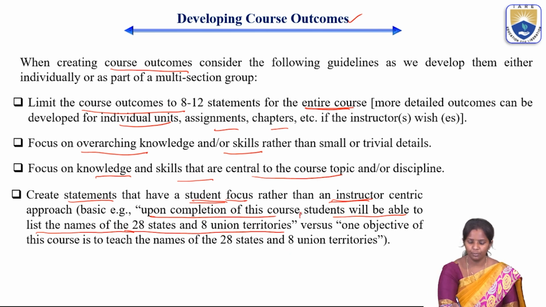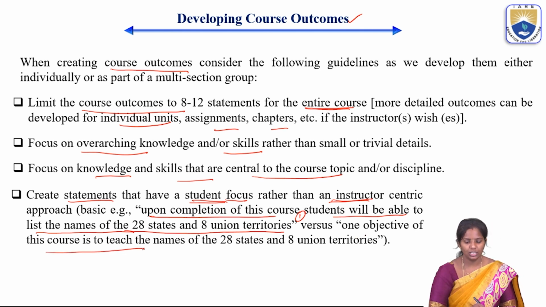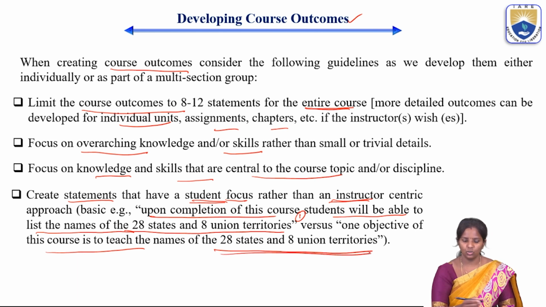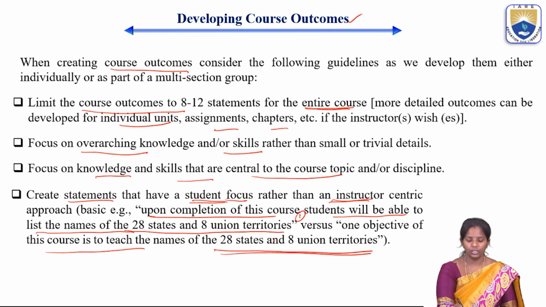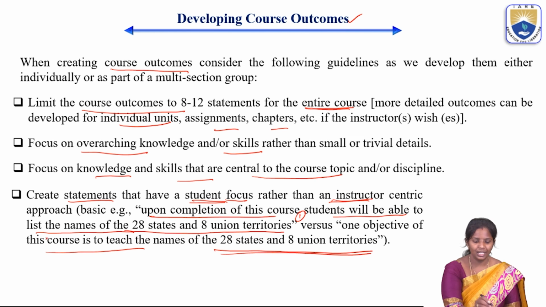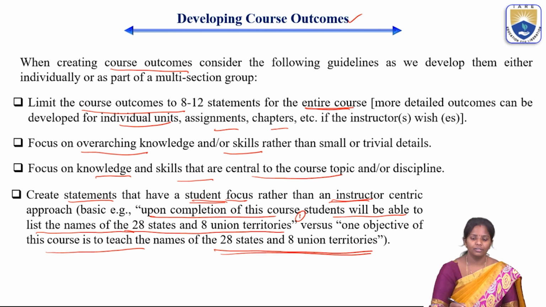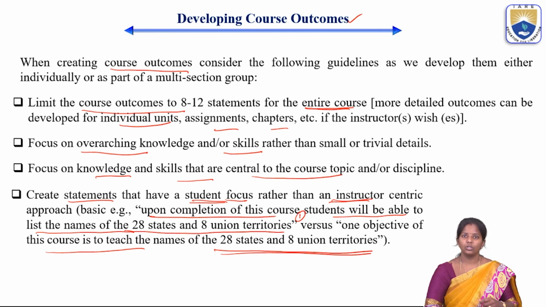So this is one type. Then versus, one objective of this course is to teach the names of 28 states and 8 union territories. So these are two different types of phrasing the course outcome. In this, the first one looks like the students will be able to list the names of 28 states and union territories. So those are verbs we use during formulating the course outcomes.